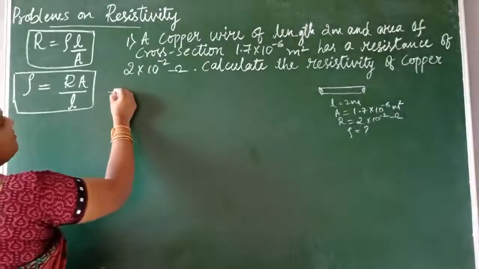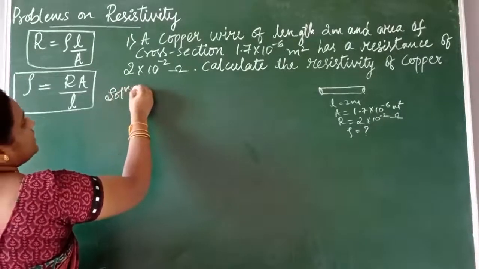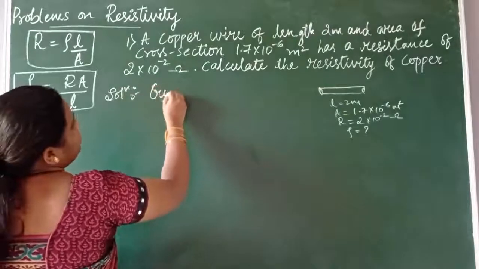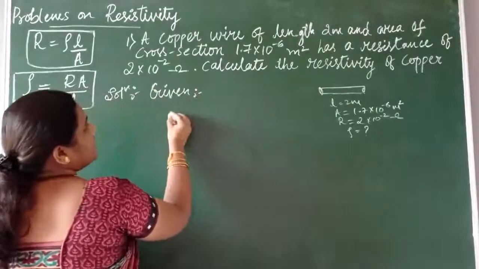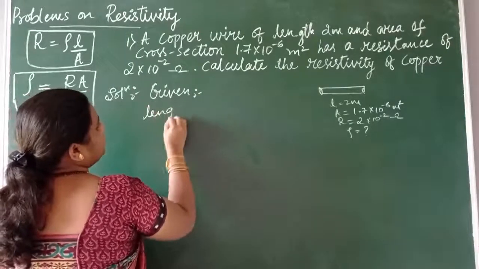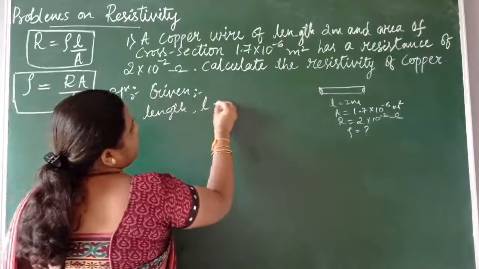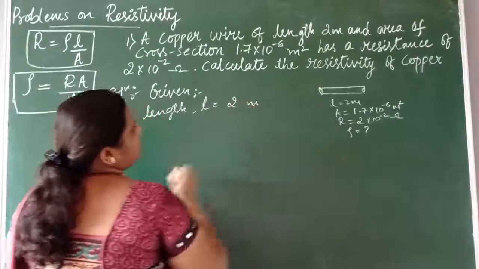So children, let us start solving that. That is the given data. What have they given, children? Length L is equal to 2 meter.